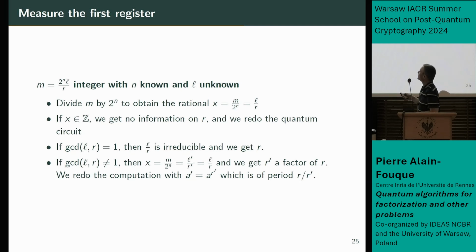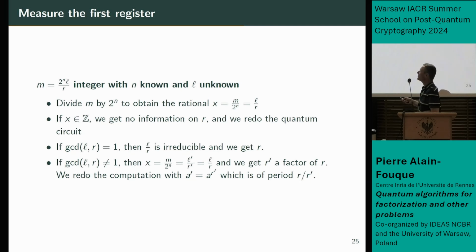Maybe in some rare cases the value that you recover here is in fact an integer, and you have no information on R, so you just have to rerun the whole circuit with some other value. If on the other hand L and R are co-prime, this fraction is irreducible, and then it's not very complicated to recover R, because you just have to read the denominator of the fraction.